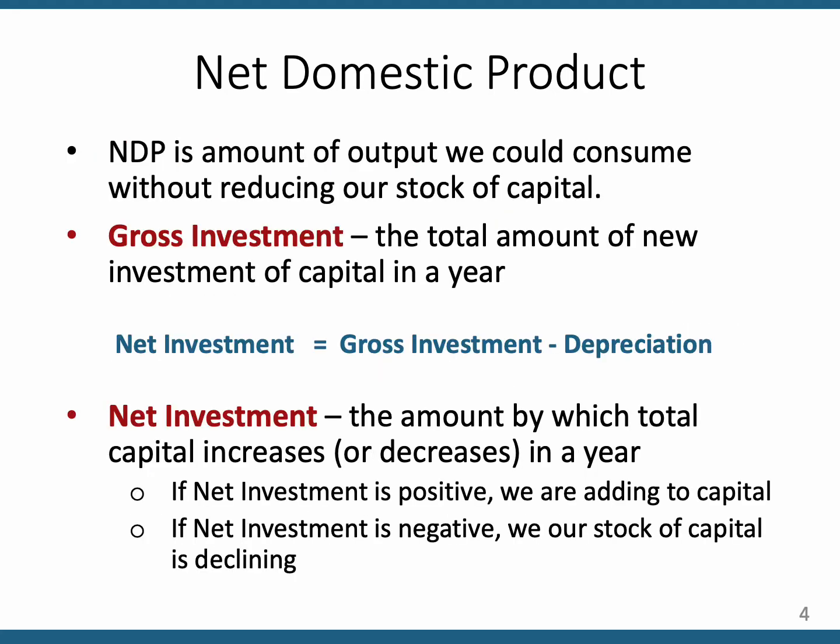In our GDP equation, using the expenditures approach, you recall we had C for consumption, plus I for gross investment, plus G for government expenditures, plus net exports. So gross investment is the total amount of money spent by businesses and governments, who also own capital, to purchase new capital. Spending on capital.